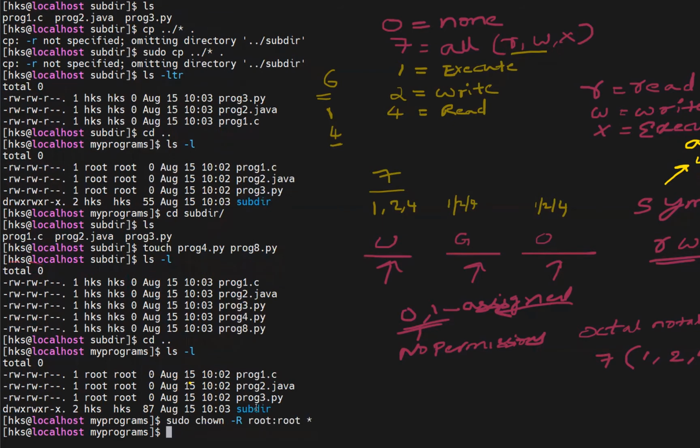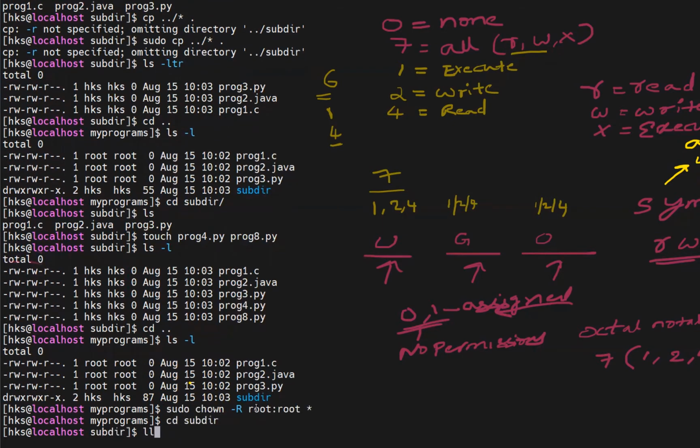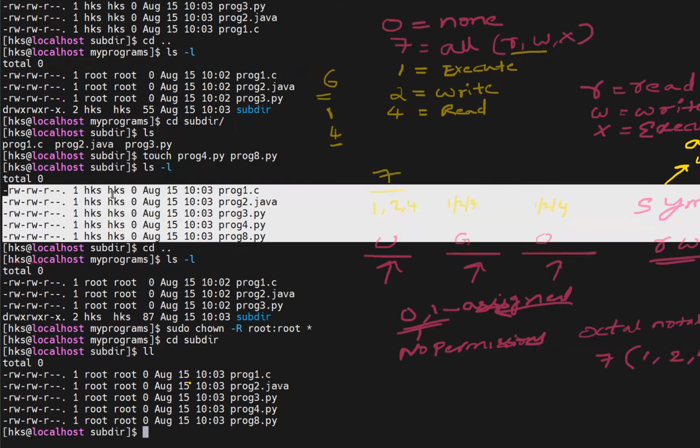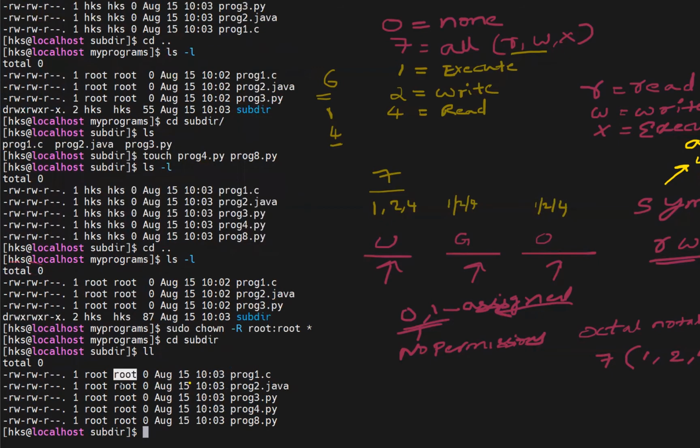Now, if you go to the subfolder, earlier it was showing my username and group, now it became root and root. And the same logic applies for changing the file permissions as well.